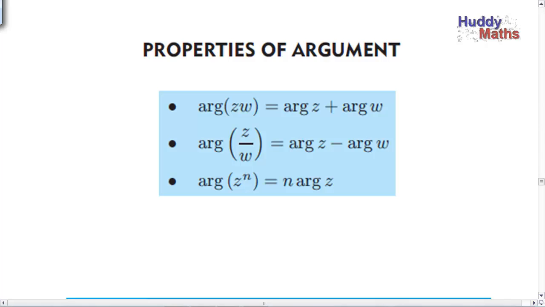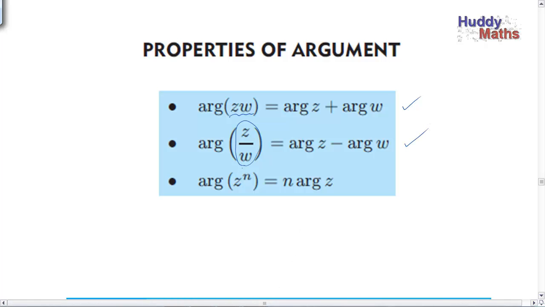So let's just summarise the properties of argument now. If you have two complex numbers multiplied together, you add the arguments. That's the MAR thing: multiply moduli, add arguments. If you're dividing two complex numbers, the overall argument at the end is the difference of the arguments.